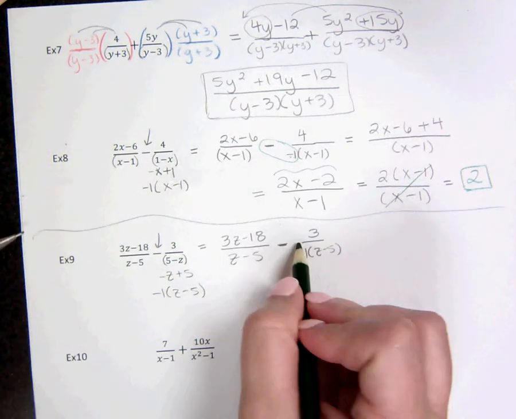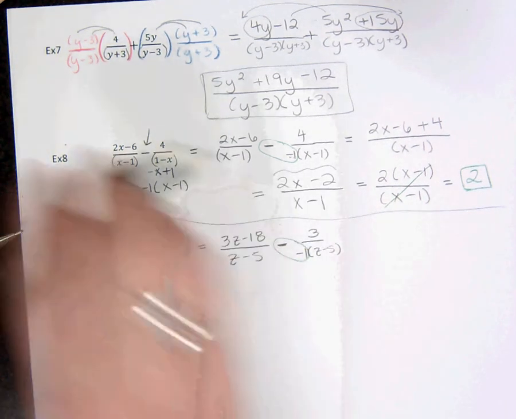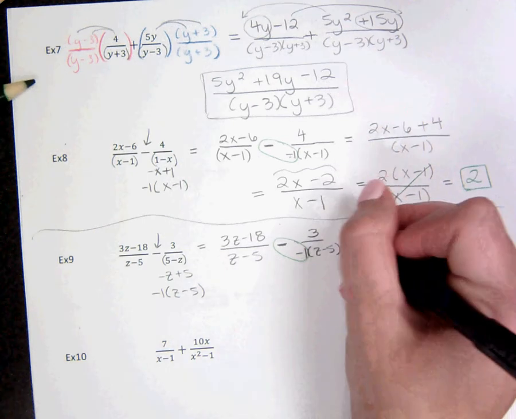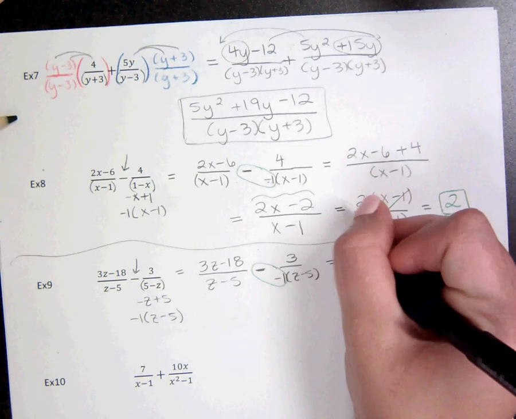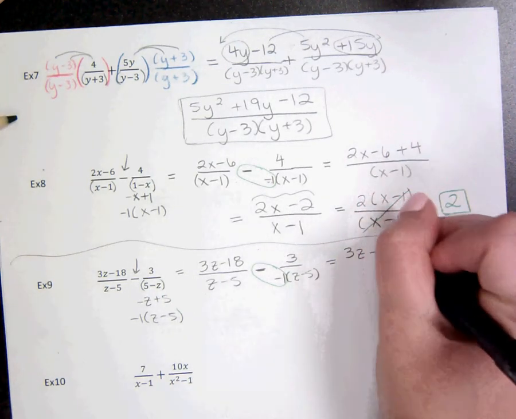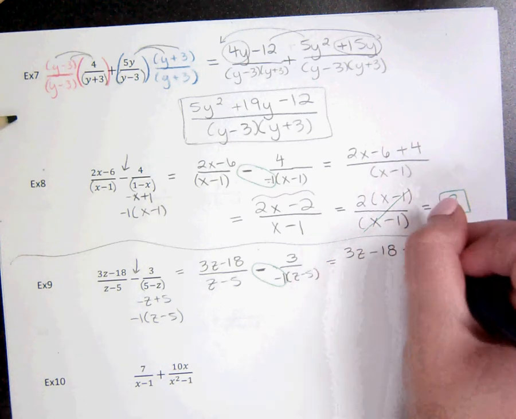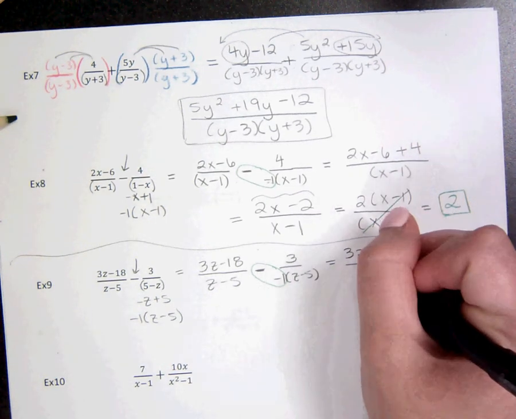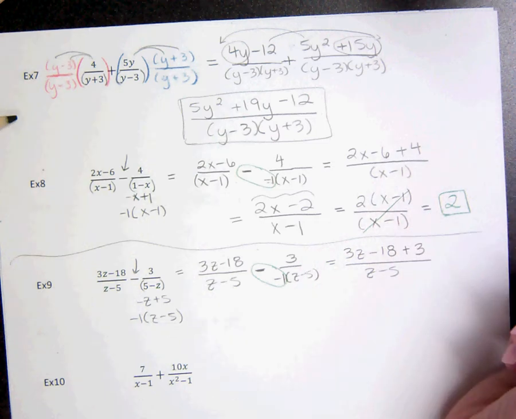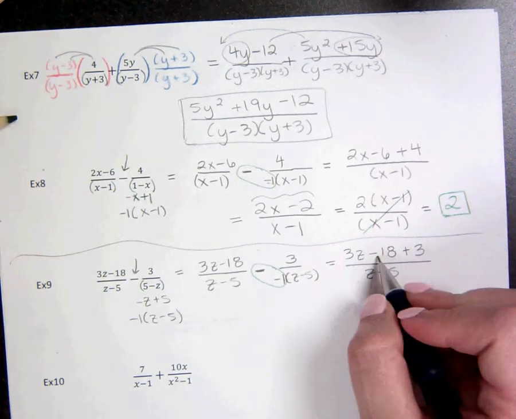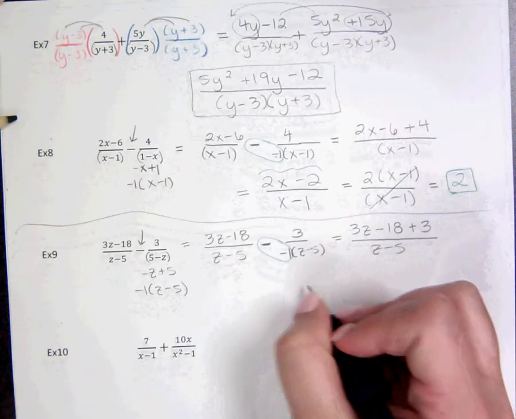So again, that negative 1 and the minus kind of cancel each other out to become addition. So we're going to have 3z minus 18. It's going to become plus 3 over z minus 5. Then I can put the minus 18 with the positive 3.